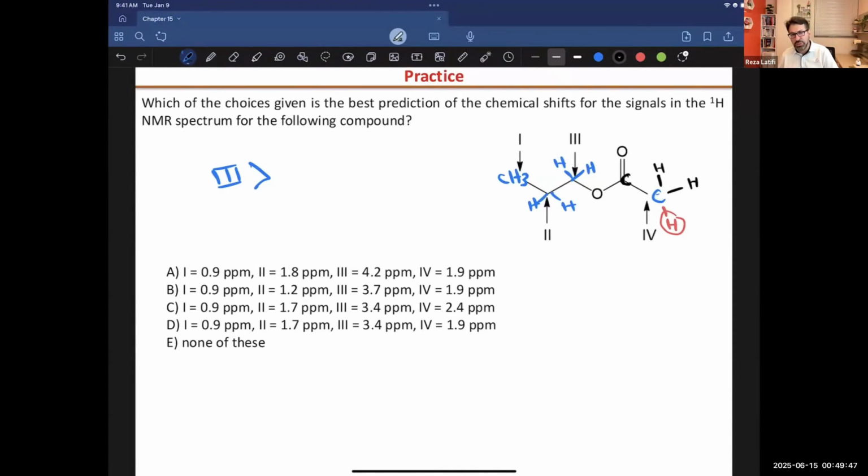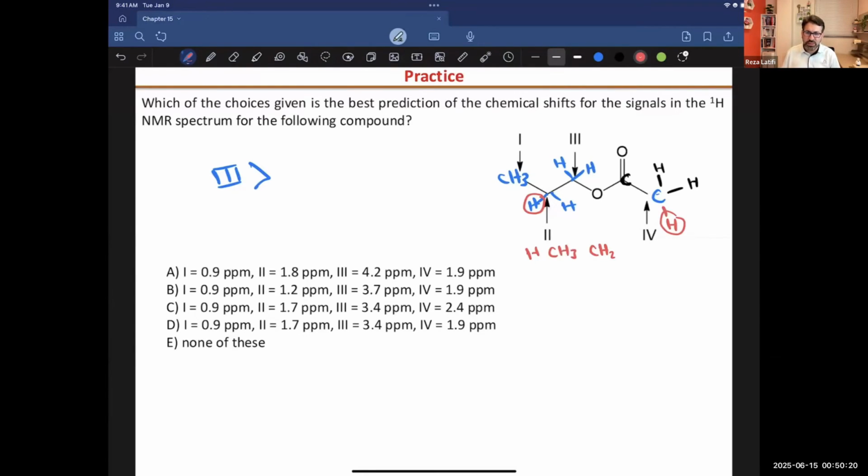So 2 hydrogens and a carbonyl group. But how about number 2? If I pick this atom, I see a hydrogen around it, and I see a methyl and a CH2. So number 4 has 2 hydrogens, while number 2 has 2 methyls and 1 hydrogen.